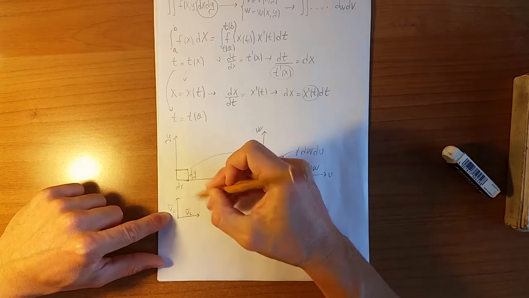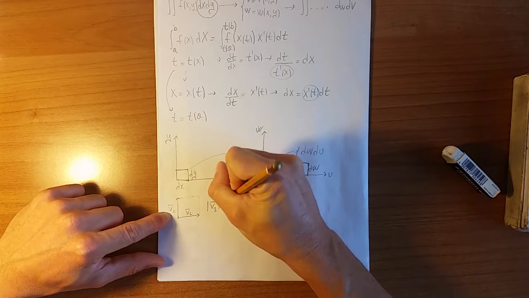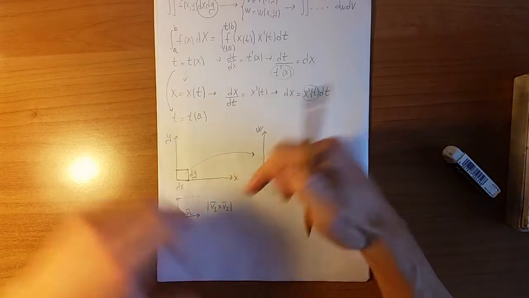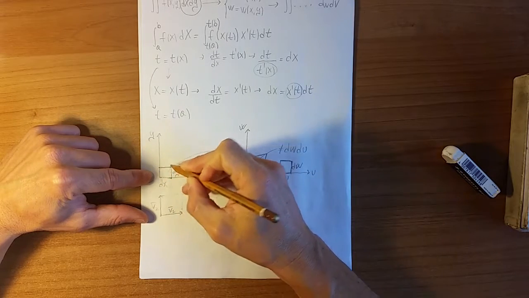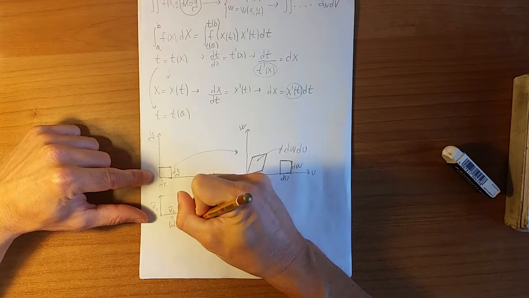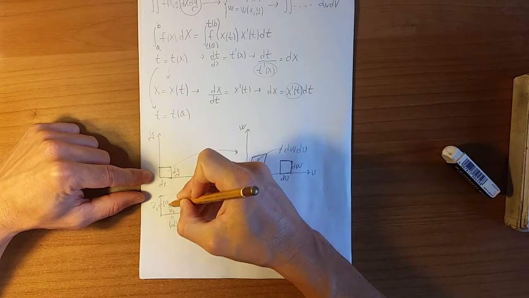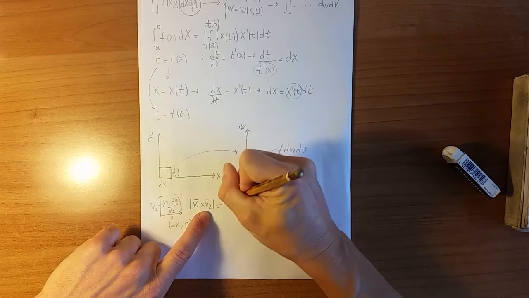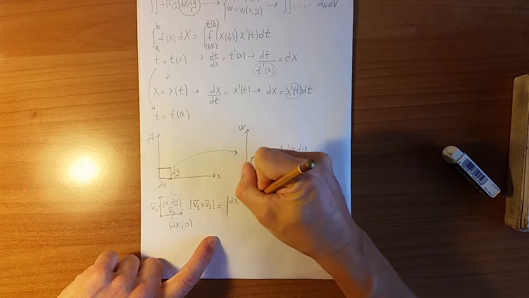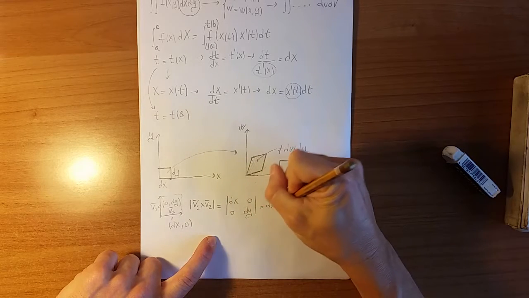So the area of this rectangle is the magnitude of the cross product between v1 and v2, or v2 cross v1, doesn't matter in this case because we take the magnitude. v1 in the case of this rectangle here would be equal to a vector with components dx and 0, whereas v2 would be a vector with components 0 and dy. In this case, the cross product is just the determinant of this matrix here. It's dx 0 0 dy, and this is equal to dx dy.